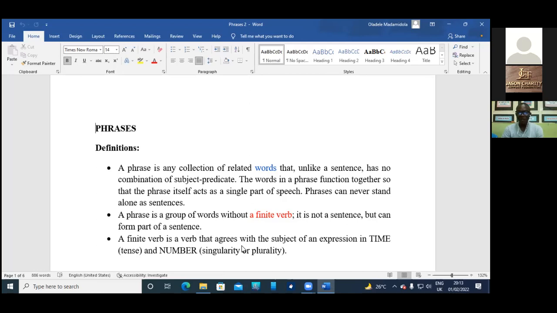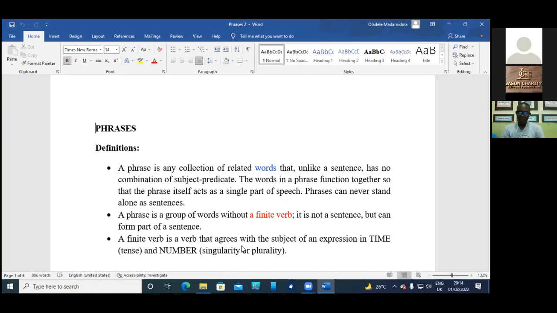So a finite verb is a verb that agrees with the subject of an expression in time and number, or in time or number. Now, by time, we simply refer to tense.